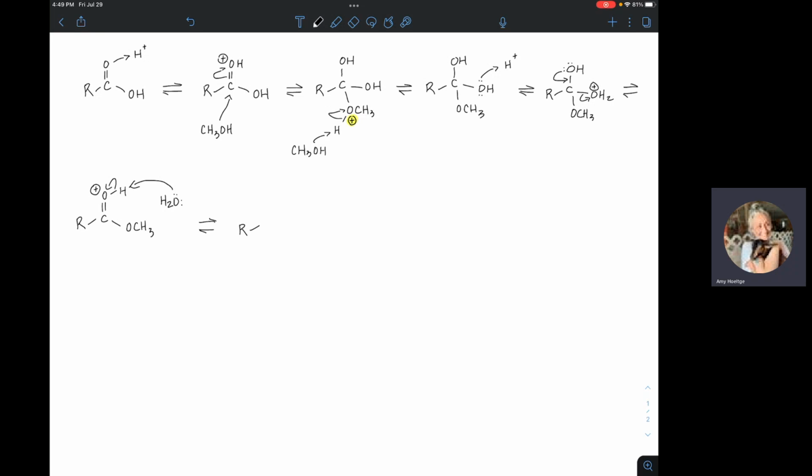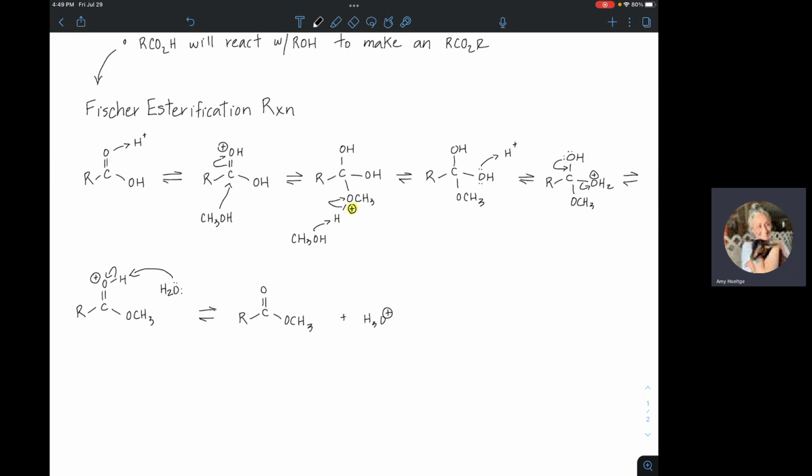What you get is the ester, plus, we maybe didn't write this in the last mechanism, the hydrolysis of the ester, but you do get your acid catalyst back again.